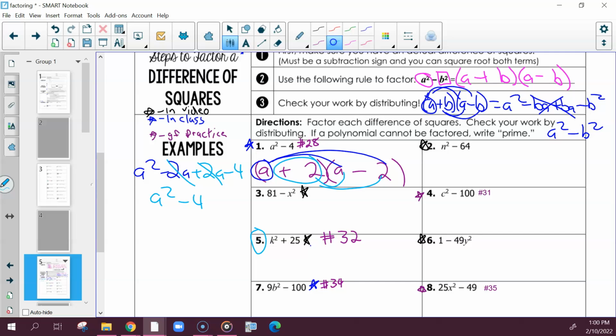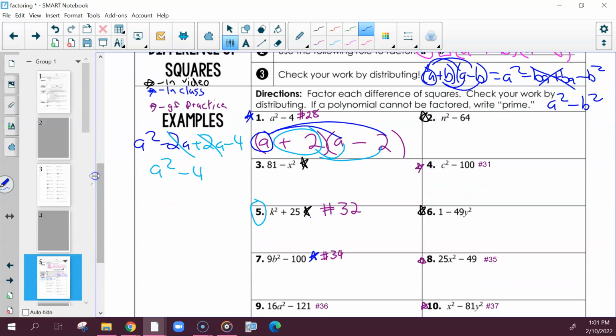So the reason we can do this is because we can rewrite these parentheses. Since I distribute it like this, I can say this is the same thing as a times a minus 2 plus 2 times a minus 2.